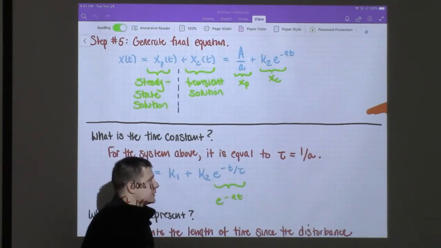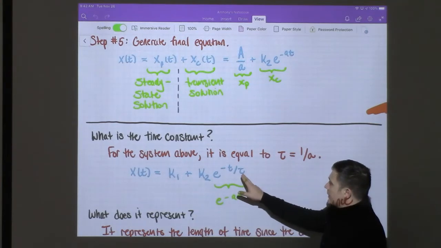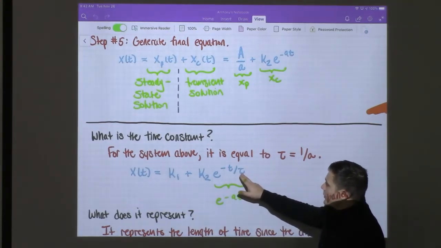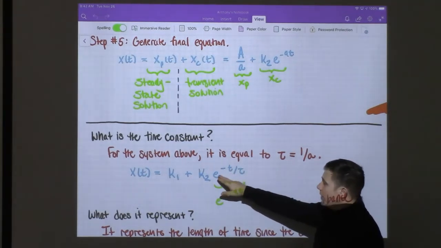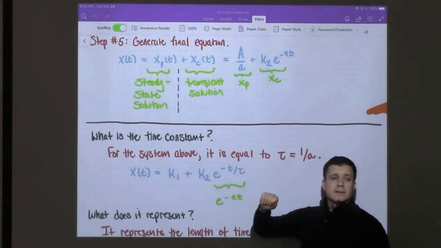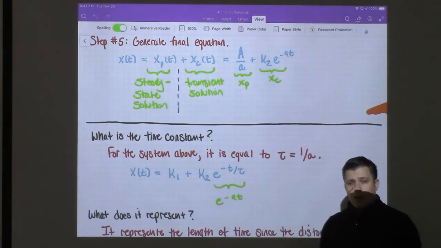And this makes sense when you look at where it is in the math. Because, right, if tau is small, then that means that this value is going to get very negative very quickly, which means that e to the negative t over tau is going to get small very quickly, which means that the transient will go away.